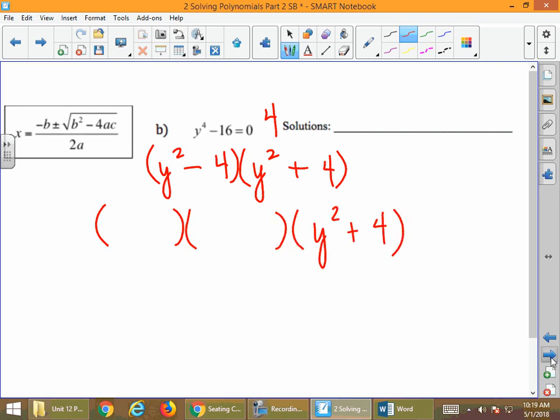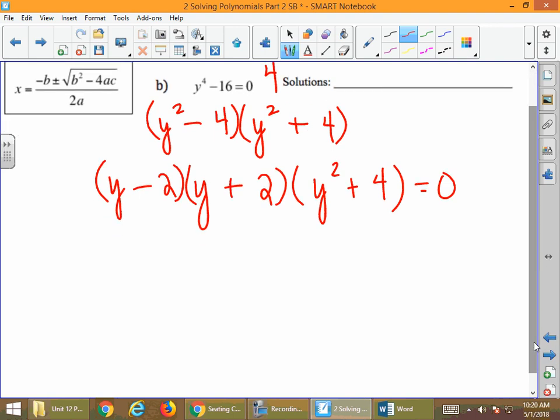Y squared. The square root of y squared is what? Square root of 4 is 2. And difference between two squares, different signs. And this factoring process here is going to allow us to get all 4 roots of our quartic when we set each of them equal to 0.